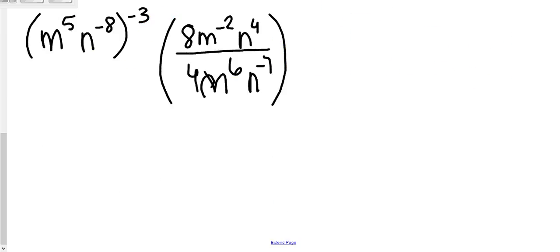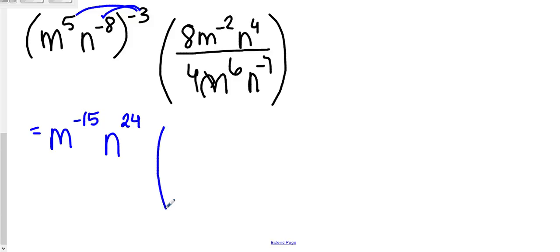So let's start moving stuff around. Here, the negative 3 will go here and here. So we will have m to the negative 15th. We will have n to the positive 24. Okay, all times. The 8 will stay, but this m needs to move down.